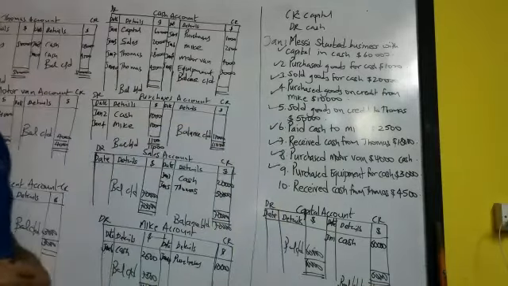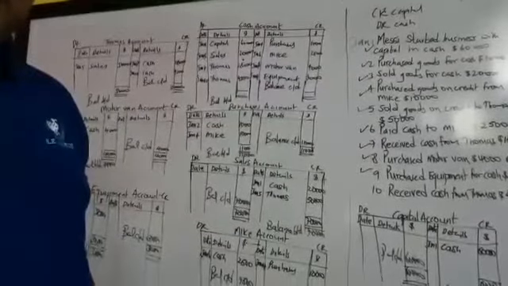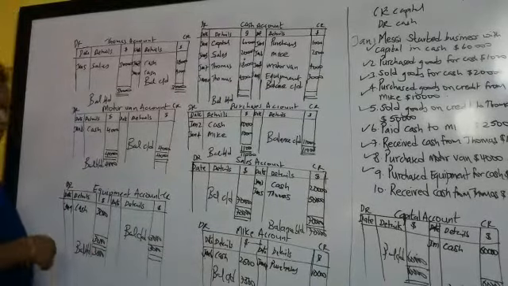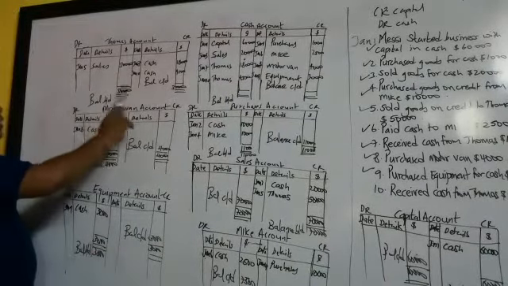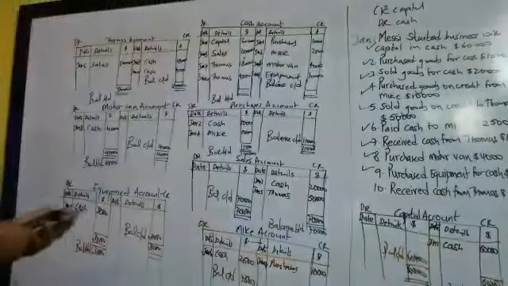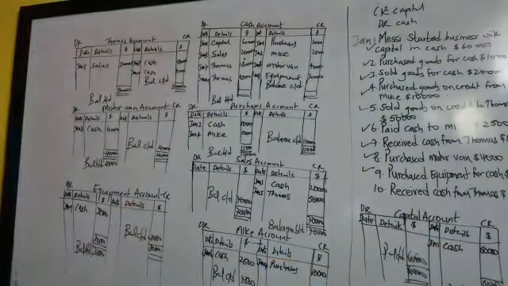So here we are concerning the closing of accounts. Let's see this account, Thomas account. We have to close Thomas account, then we have to see the balance. What is the balance in Thomas account?